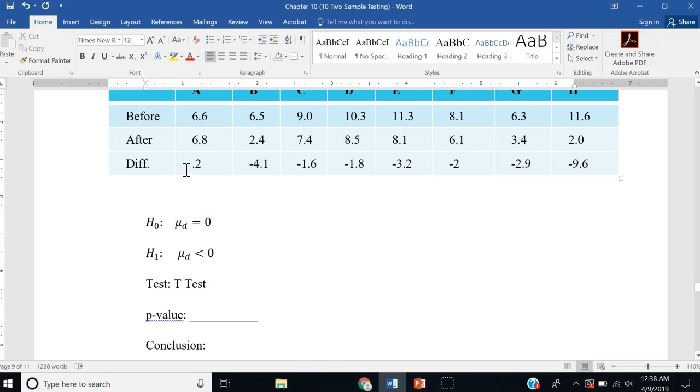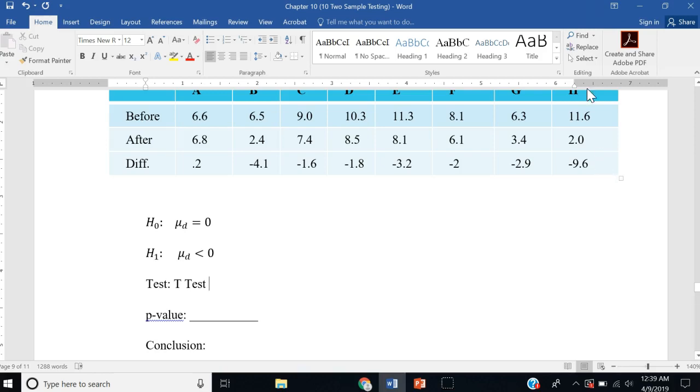So hopefully we've put these differences into our list 1. I've done that. So put the differences into list 1. We're going to input data. My mu sub 0 is 0. My list is L1. We're going to look for a decrease. So when you ask for the alternative hypothesis, it's going to be less than 0.